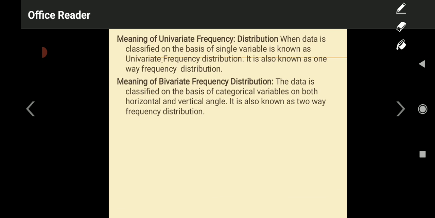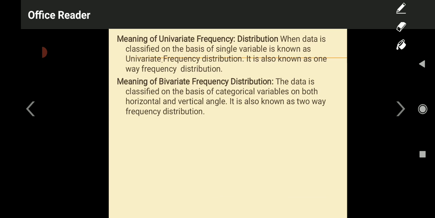Now look at the second one, the meaning of bivariate frequency distribution. Bivariate frequency distribution is data classified on the basis of categorical variables on both the horizontal and vertical angle, and it is also known as two-way frequency distribution.